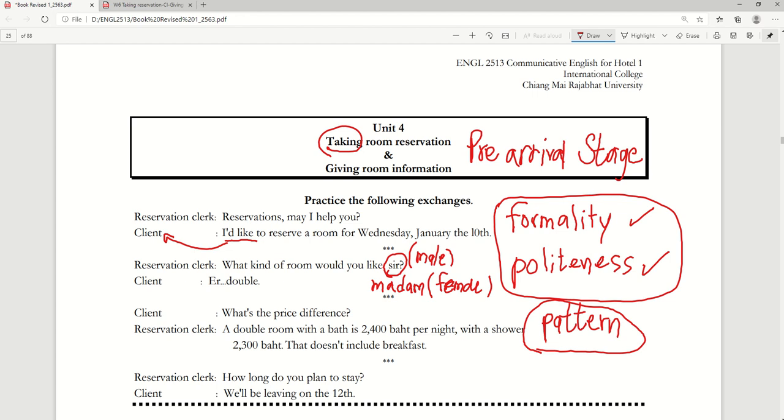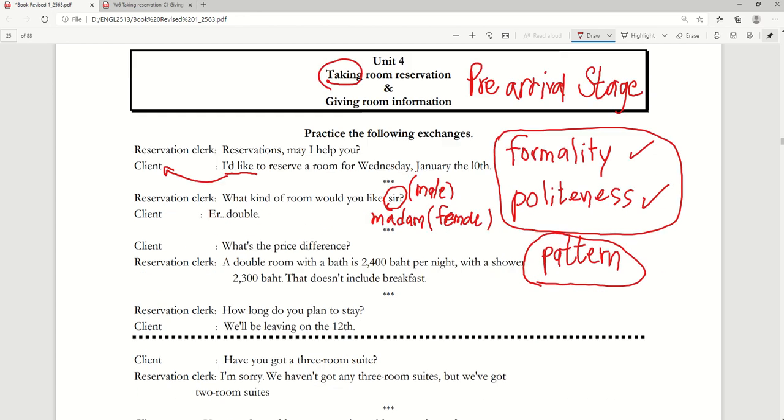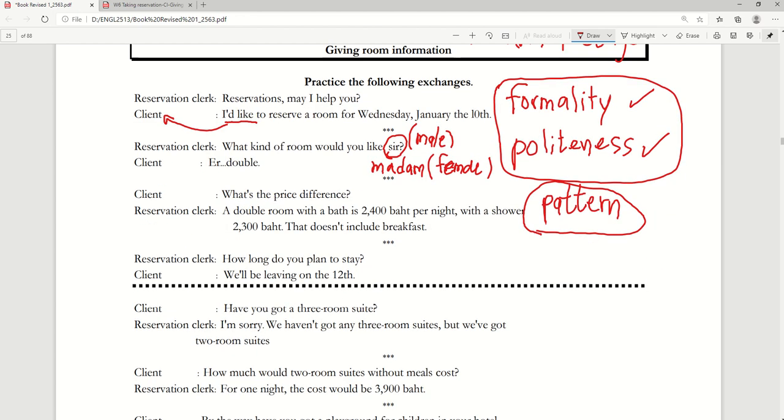For example, look at this sentence. How long do you plan to stay? You would like to know how many days, right?